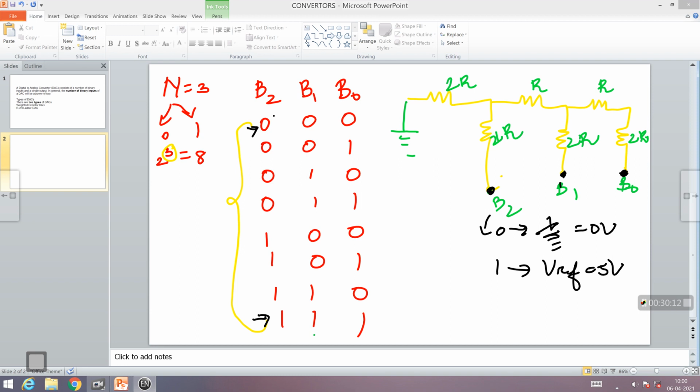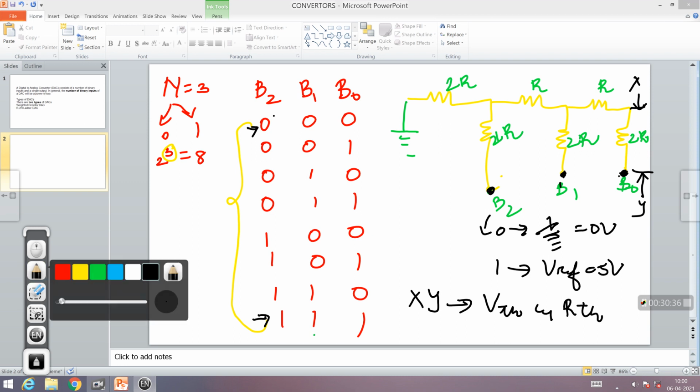Now like that, there are 8 possible inputs that you can give over here, and what you do is, at these points, which are marked X and Y, you have to find the effective voltage, which is my final VTH, and your effective resistance RTH.